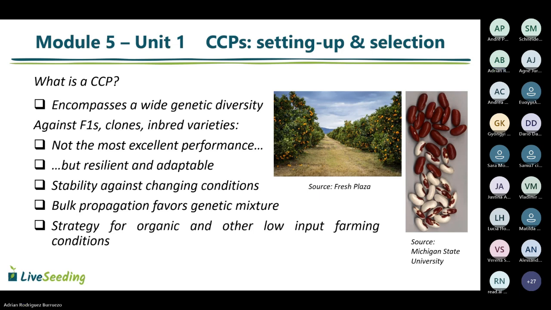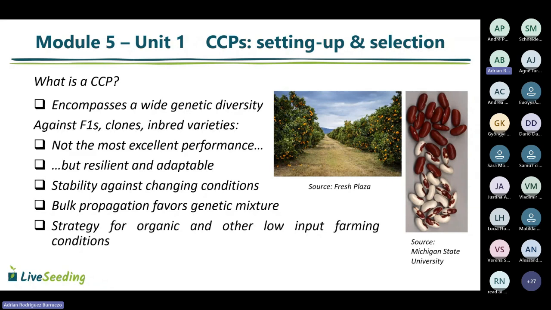These varieties have been bred and selected to work usually under high input conditions, very strict and very specific conditions. I can provide you the example of Spain, very specific conditions of greenhouses.